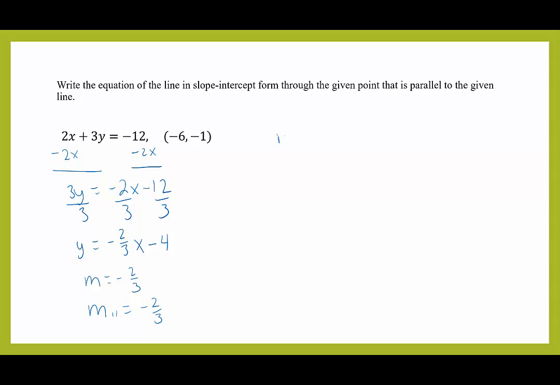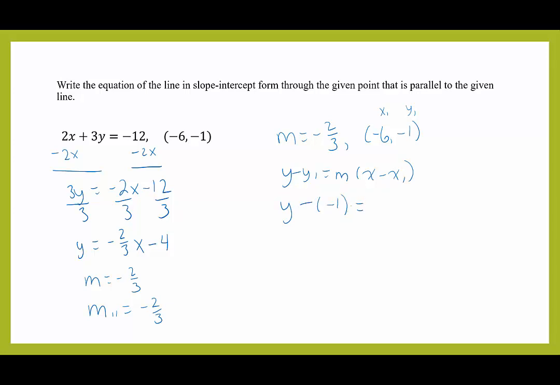I'm going to take the slope of our mystery line, negative 2/3, and we know one point on the line is (negative 6, negative 1). And I'm going to plug these in. I'm going to use point-slope form again because I like point-slope form. We have y minus y sub 1 is equal to m times x minus x sub 1. And let's plug in. We have y minus negative 1. Be super, super careful with that.